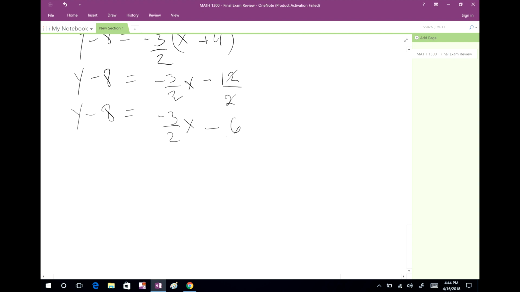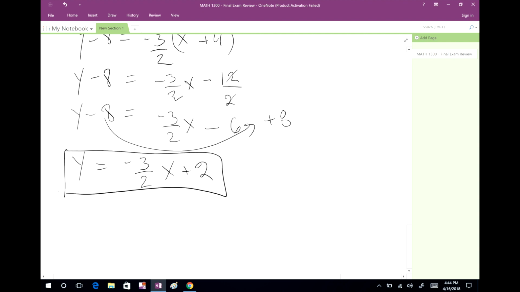Now I can go ahead and move the 8 to the other side of the equation. It becomes a positive 8. y equals negative 3 over 2x. Now negative 6 plus 8 gives me a positive 2, and this would be the equation of that line.